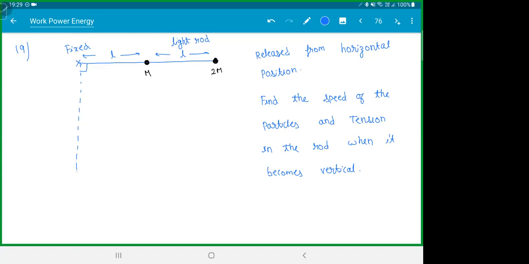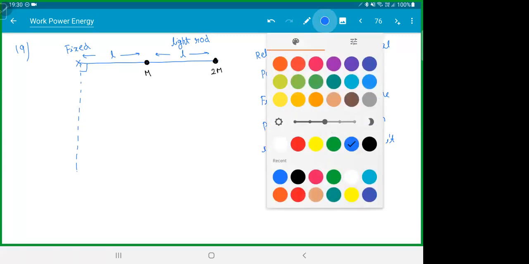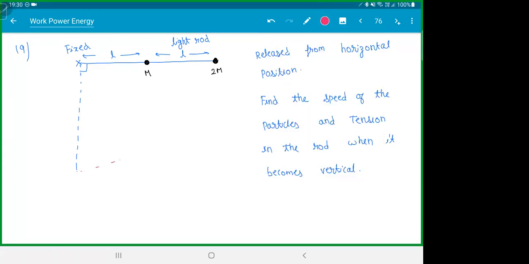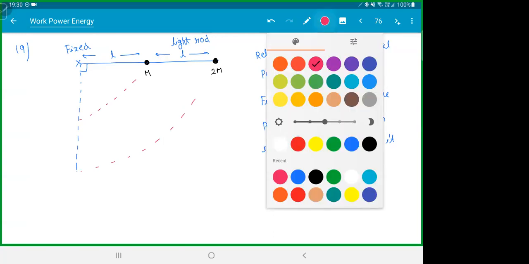We have a rod of length 2L and you kept two particles, one in the center and one on the edge, m and 2m, and it is just rotating like this. So when the rod becomes vertical, find the speed of the particles and find the tension in the rod.